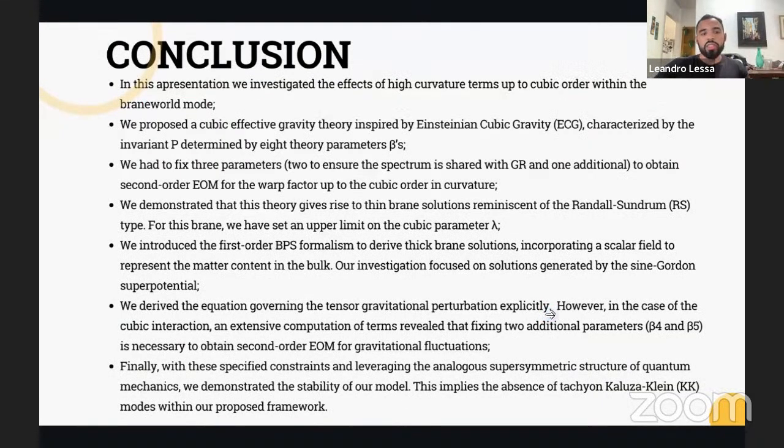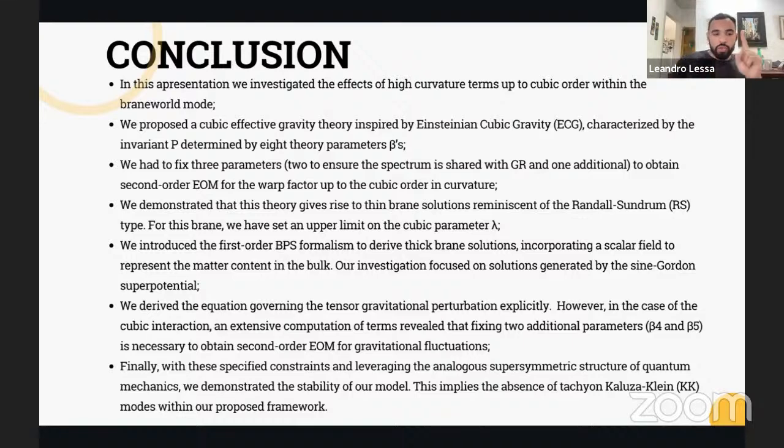In this presentation we investigate the effect of a high curvature term of the cubic order within a braneworld model. We propose a cubic effective gravity theory inspired by Einstein cubic gravity, characterized by the invariant P determined by 80 parameters, 80 betas. So you had to fix 3 of them.